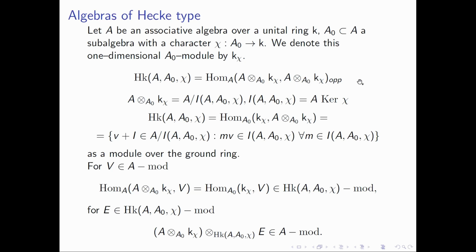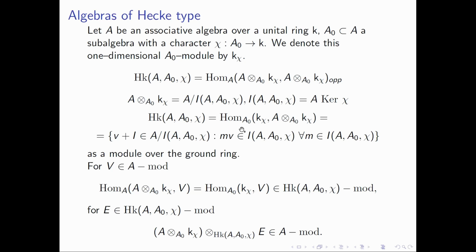Here it's the first line. And I consider it with the opposite multiplication for some technical reasons, which will be convenient. This convention will be useful later. So in the next line, there is another description of this algebra, which I will use later in my basic example. Namely, the induced representation of A can also be described as the quotient of A by the left ideal I generated by the kernel of the character chi.